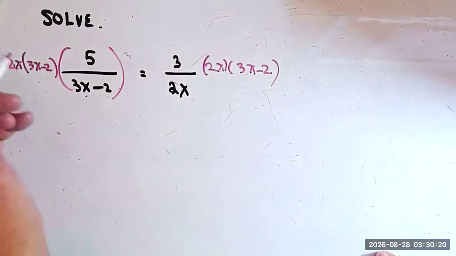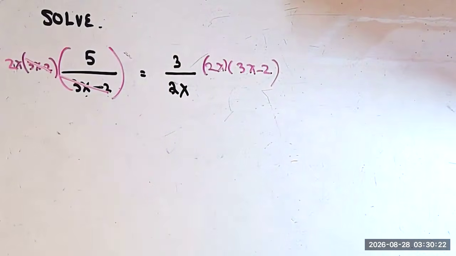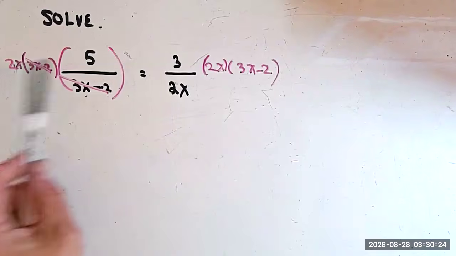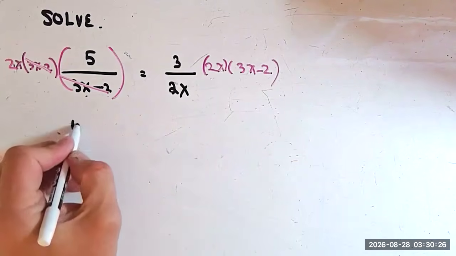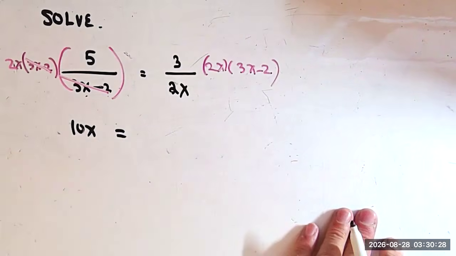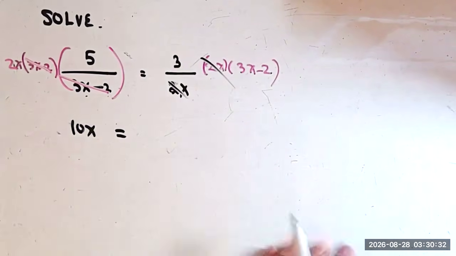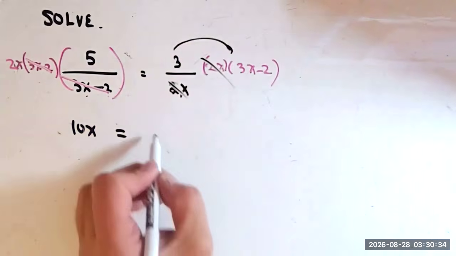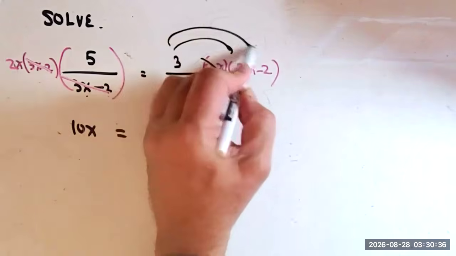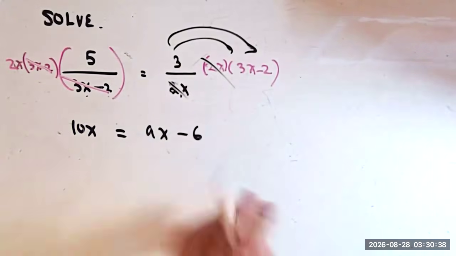Okay, so what type of damage did we make? 3x minus 2 over 3x minus 2 is 1. So 2x times 5, that would be 10x equals. Here, of course, 2x over 2x is 1. So now we have 3 times 3x, 9x, 3 times negative 2, negative 6.